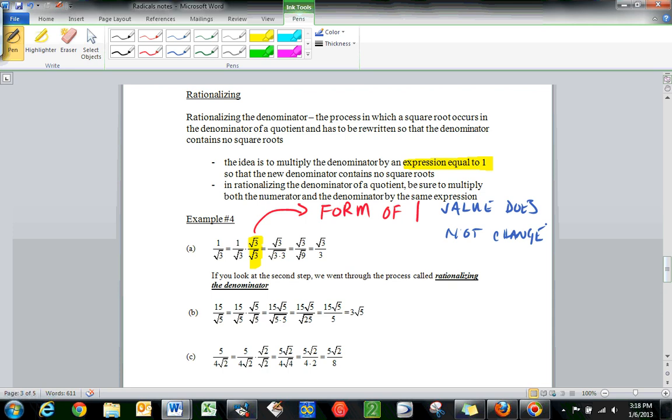We want the final answer to have the same value as the original problem. We just want it to conform to all of the rules of radicals. So square root of 3 over 3, if you were to put that in your calculator and get a decimal, should equal the same thing as 1 divided by the square root of 3, except now the form of our radical fits all the rules for simplifying radicals. So this is rationalizing the denominator.